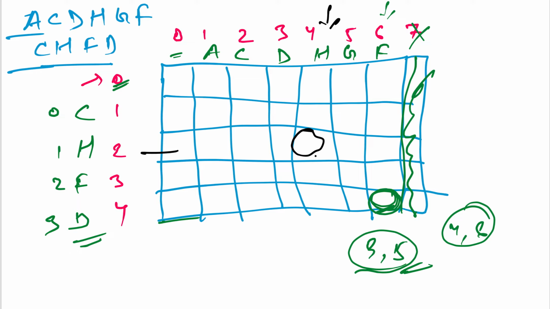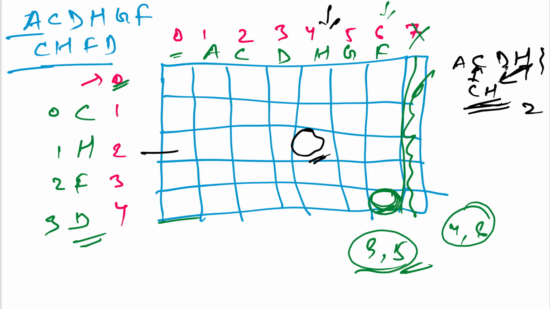That means this one indicates the longest common subsequence of A, C, D, H and C, H. That means 2. C matches to C, H matches to H. Okay, and how we calculated this, same as the recursion.